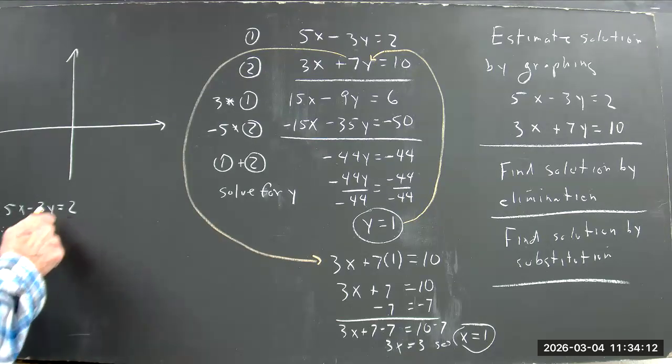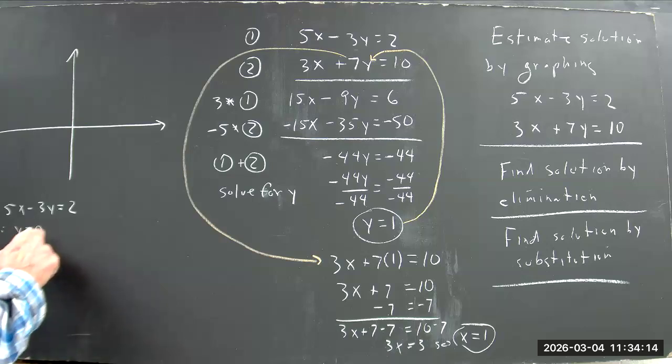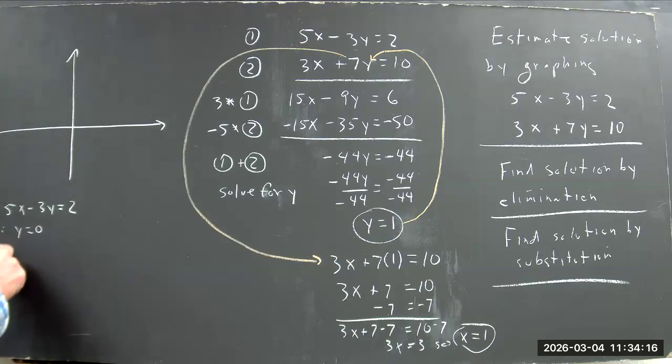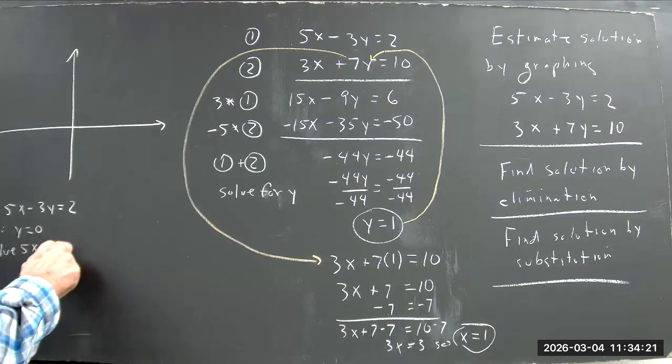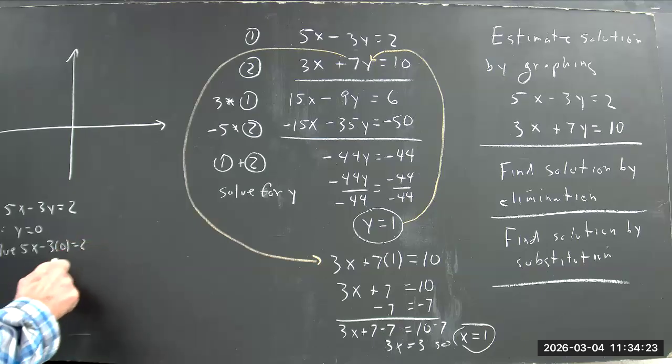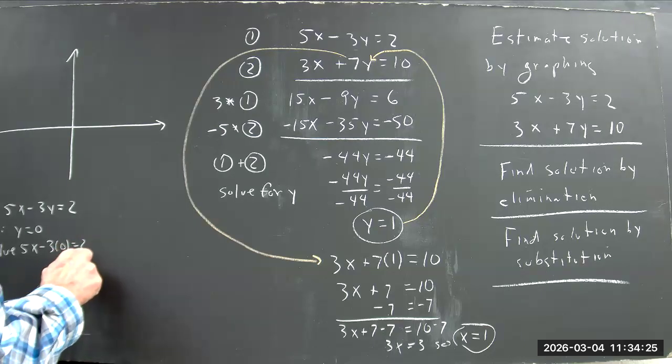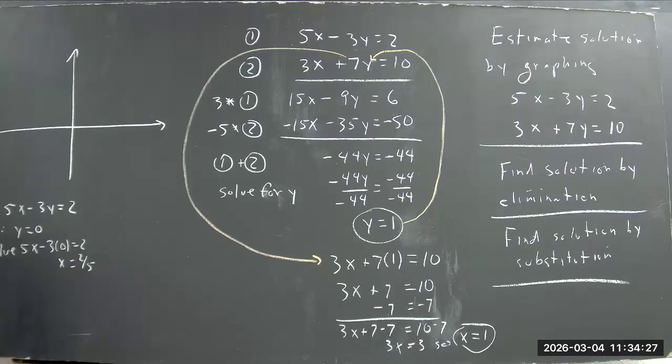If y equals 0, then 3y equals 0. The equation becomes 5x minus 3 times 0 equals 2. 3 times 0 is just 0, so we get 5x equals 2. Then divide both sides, we get x equals 2/5.